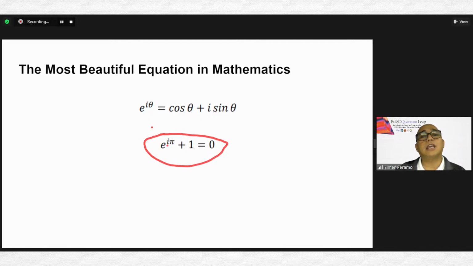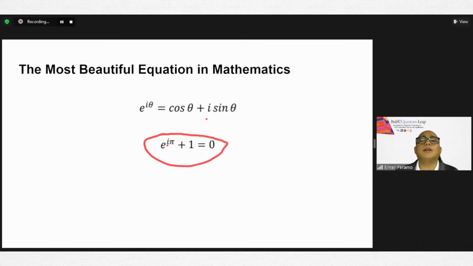When we let theta equal pi, this will become e to the i pi. Cosine pi is, pi is somewhere here, so that's -1. What is cosine pi? -1.